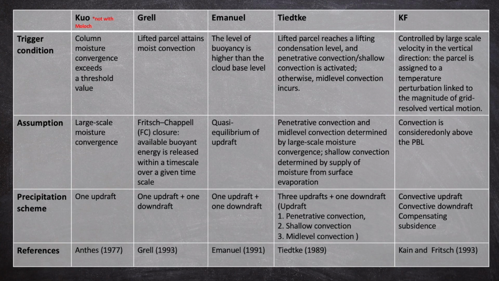The Emanuel scheme considers the effect of mixing but assumes it is highly episodic and inhomogeneous. Convection activates when the level of neutral buoyancy is higher than the cloud base level. Within the two levels, air is lifted and condenses, forming precipitation.